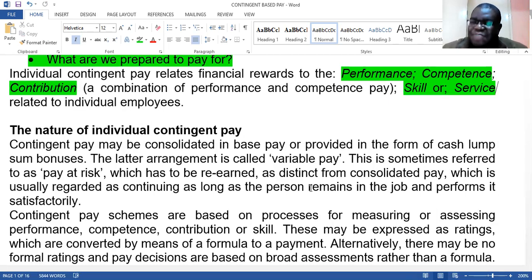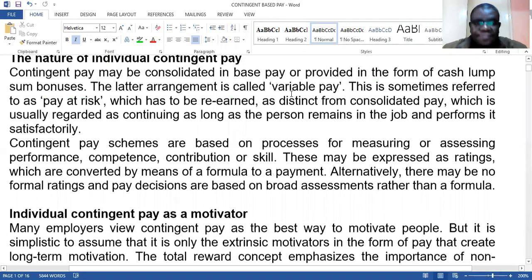When we administer individual contingent-based pay, we look at the individual performance, individual competence, individual overall contributions, the skills level, the length of service, and determine how the individual is to be compensated.